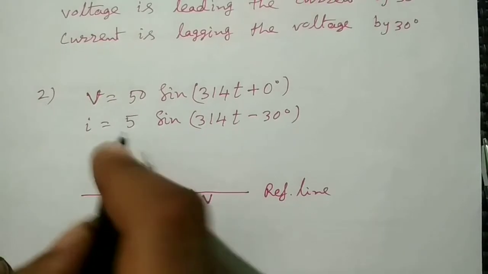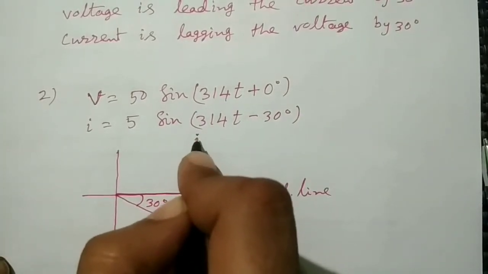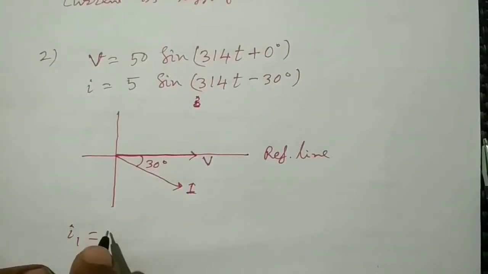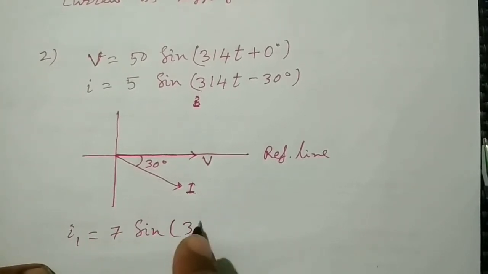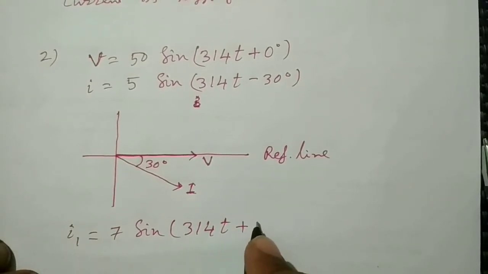In the same example, take another current I1 as, let's say, 7 sin(314t plus 45 degree).